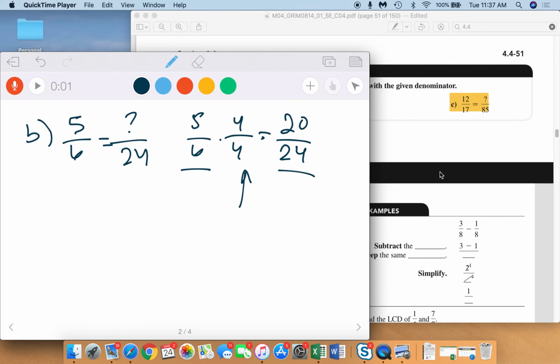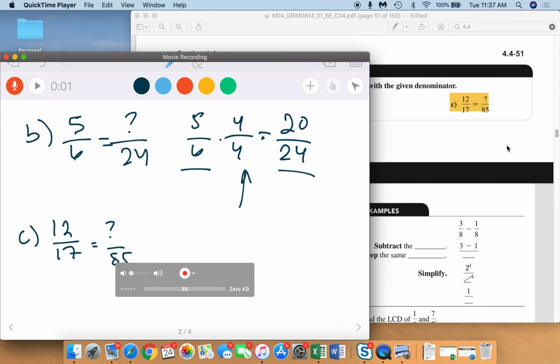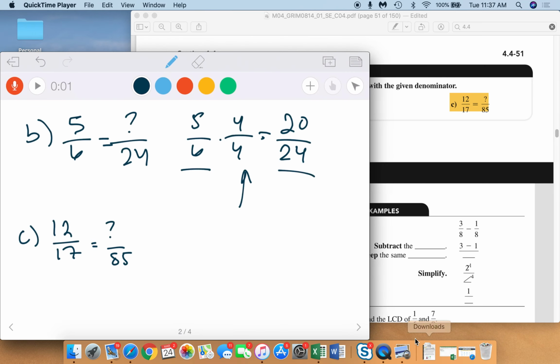All right, let's do part C. Maybe I can show it to you on the first try this time. 12 over 17 equals question mark over 85. Here we go. We have 17 and 85. I don't really know what that is off the top of my head, so we're going to say 85 divided by 17 gives me 5.